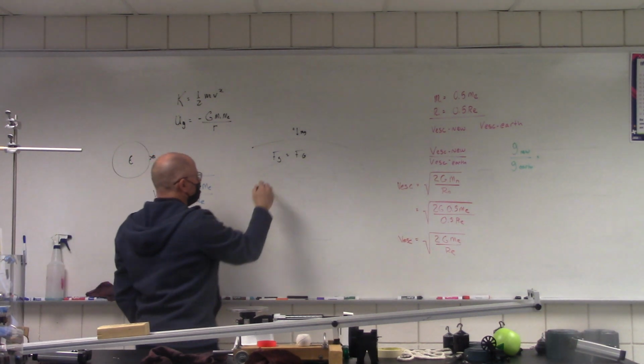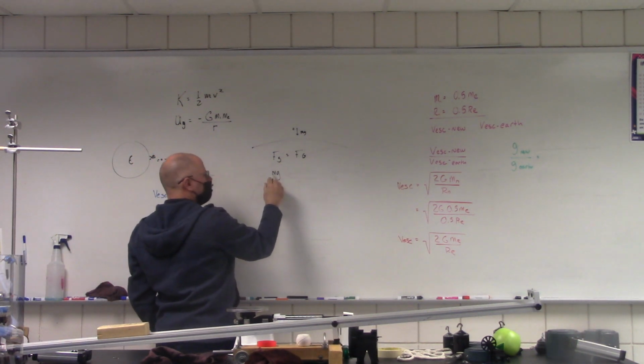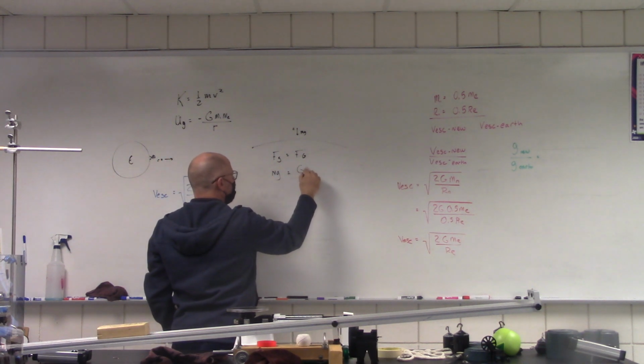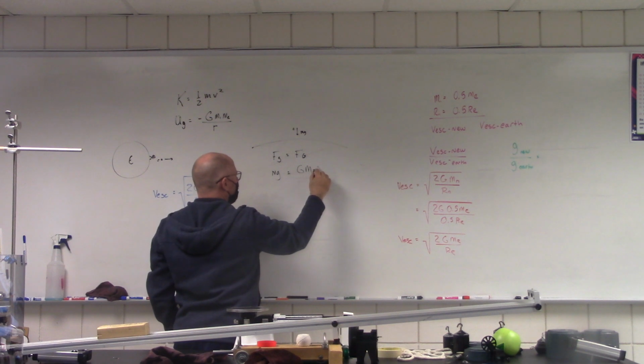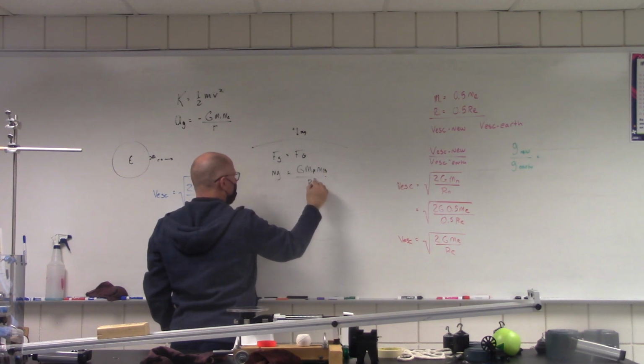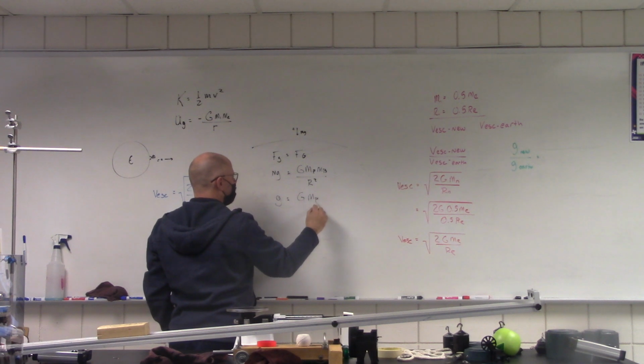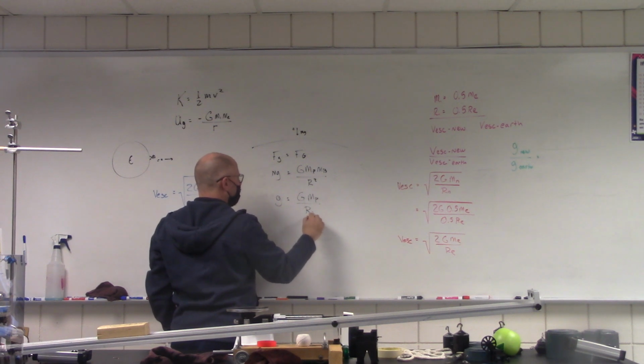And then we can just plug and chug it. We got little mg, mass of the ball times gravitational acceleration, is equal to G, mass of the planet, times the mass of the ball, all divided by the radius squared. So g is equal to big G, mass of the planet, divided by the radius of the planet squared.